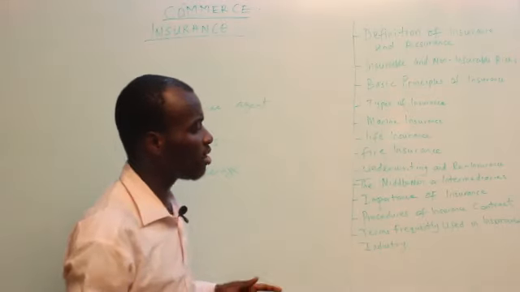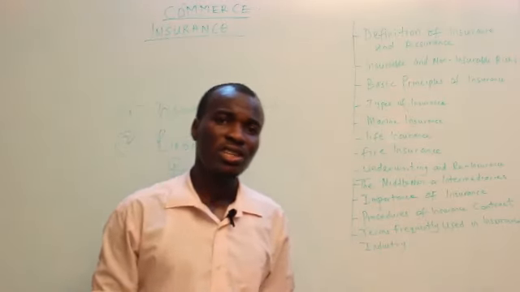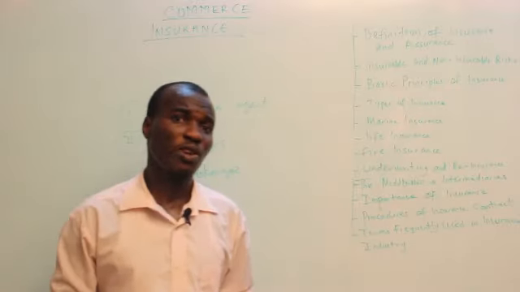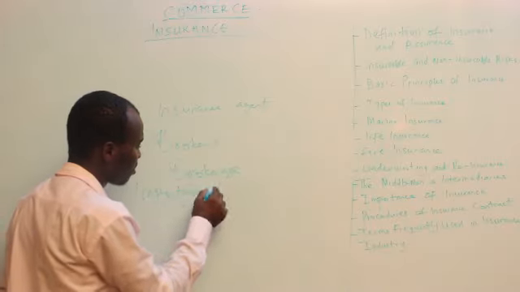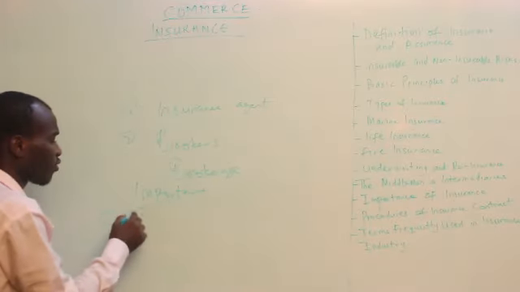Now the next thing we have is the importance of insurance. We have different branches of importance of insurance. Number one, insurance enables us to make provision for old age.